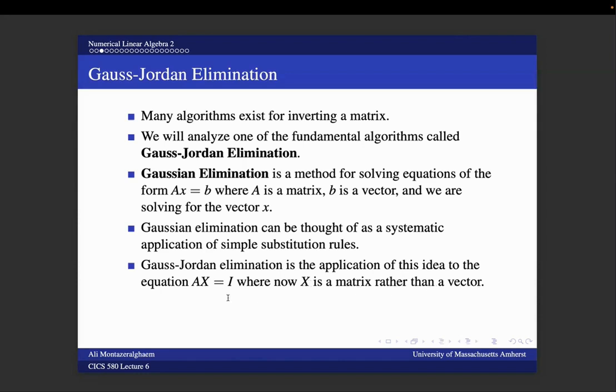So if we can solve this problem with Gauss-Jordan elimination, it means that X is the inverse of A, because A times X is equal to the identity matrix.